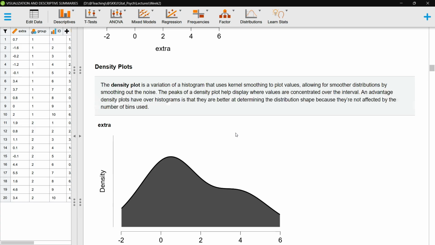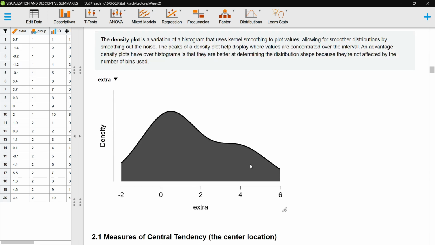Okay, let's go to the next part, the density plot. The density plot is a variation of a histogram that uses kernel smoothing to plot values, allowing for smoother distributions by smoothing out the noise. So this is the shape of the density plot. We see the curve instead of the rectangles.